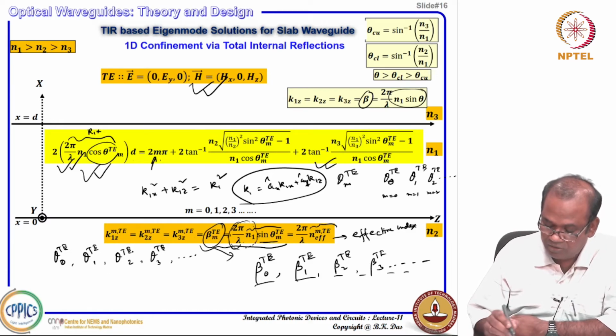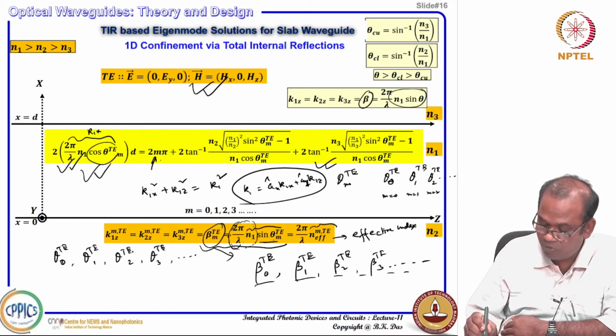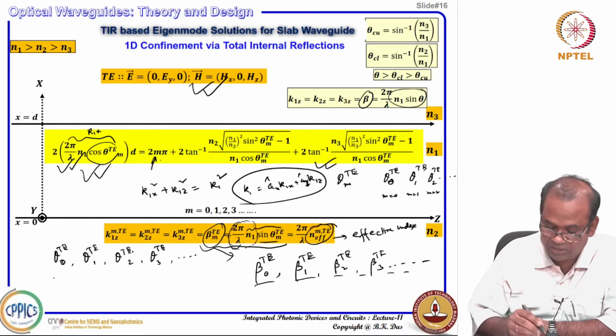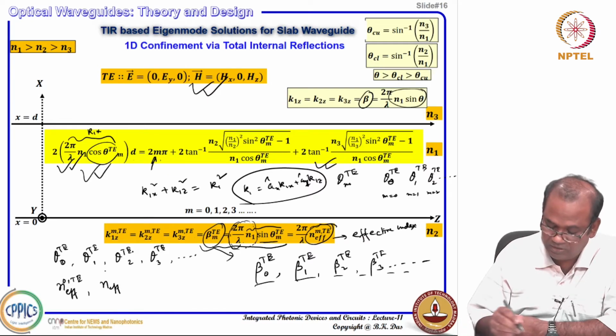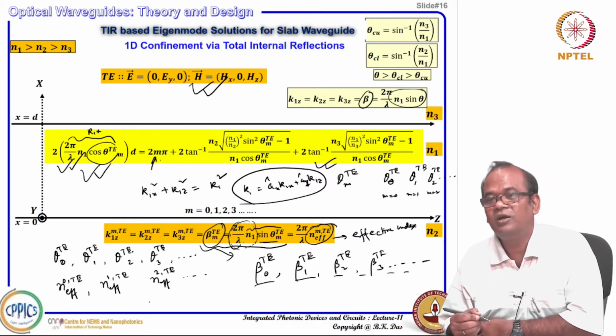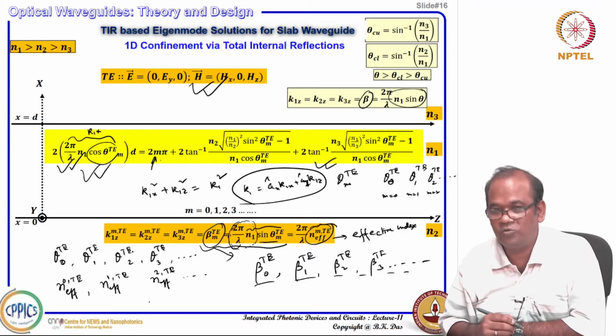So, if I put all these discrete values, I will be getting n effective also discretized. Those modes will also have n effective 0 for TE polarization, n effective 1 for TE polarization, n effective 2 for TE polarization. So, you will be getting the effective index of the different order guided modes.